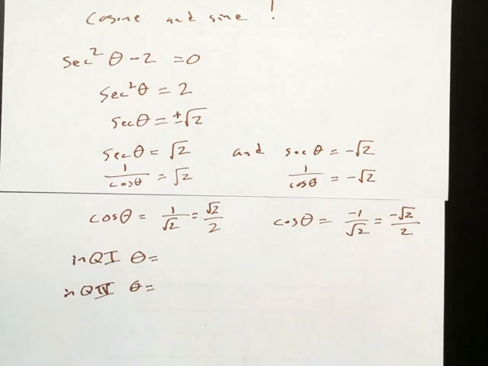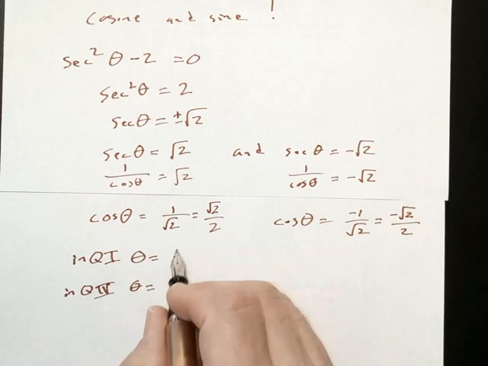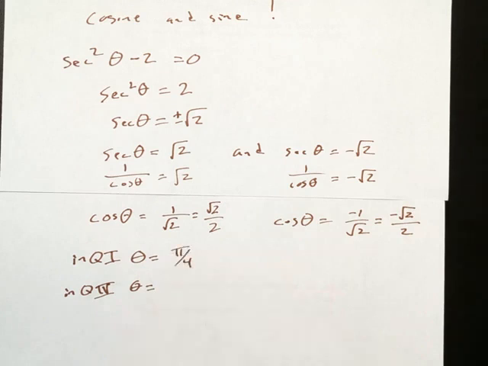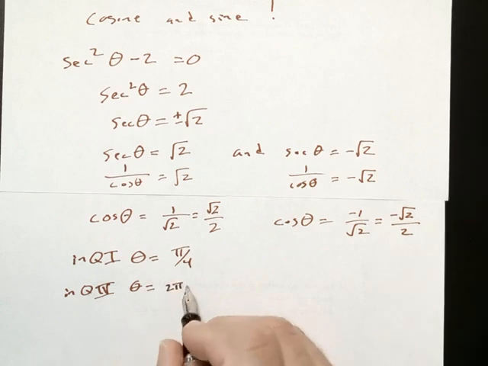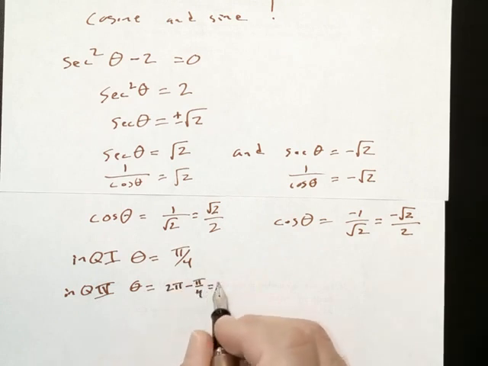Root 2 over 2 goes with what angle in the first quadrant? And in radians, that's pi over 4. So in the fourth quadrant, I'll use 2 pi minus that. And that's 7 pi over 4.